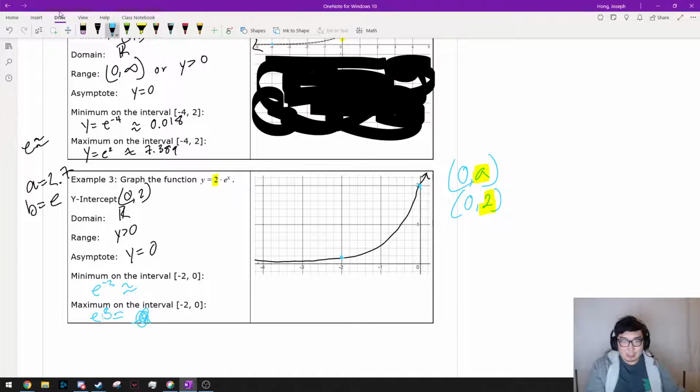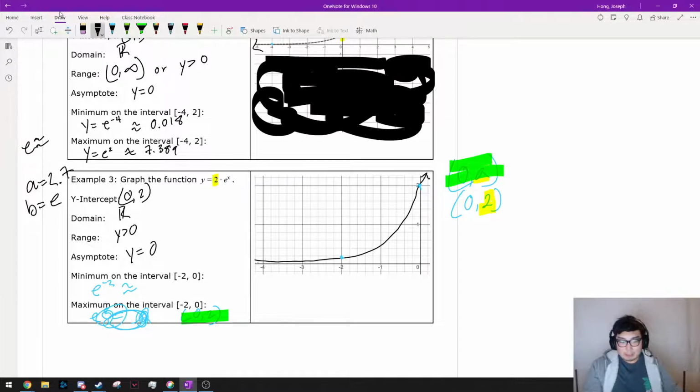Or that's not e to the power of 2, sorry. That is 0, comma 2 because we already found that, because when x is equal to 0, y is equal to 2 on the graph because of my formula, which is right here.